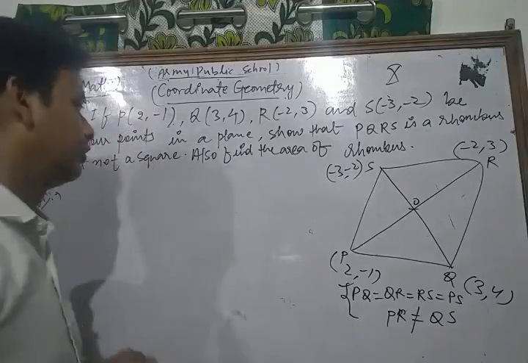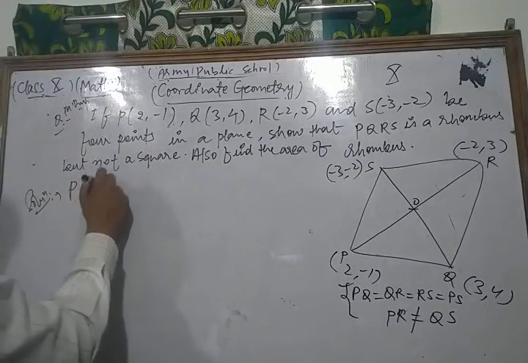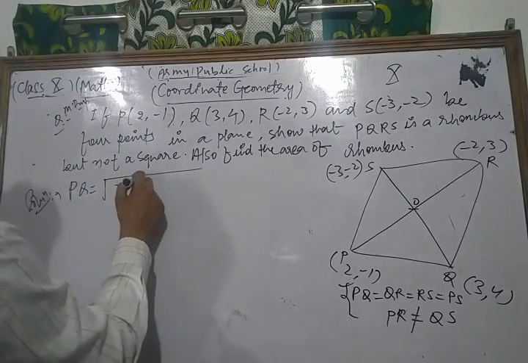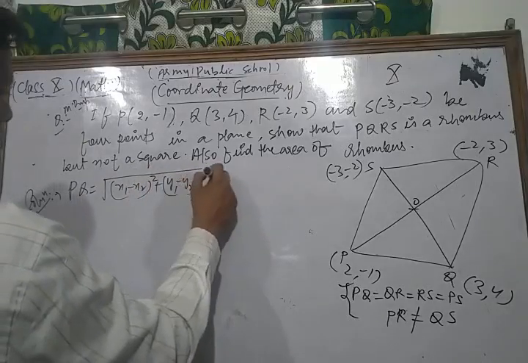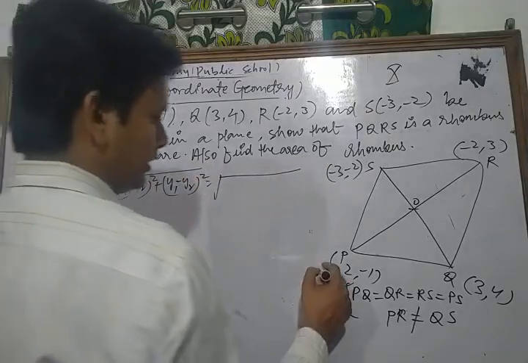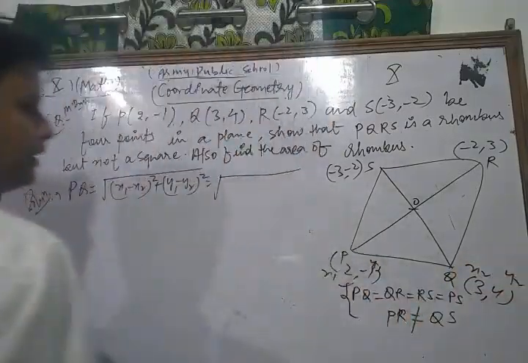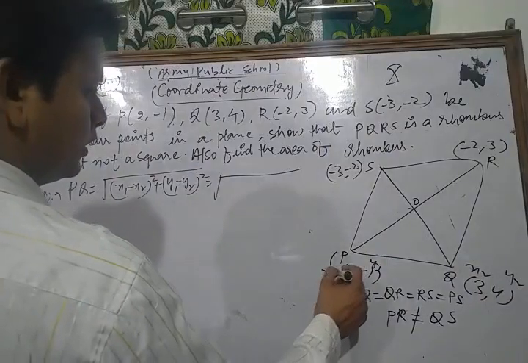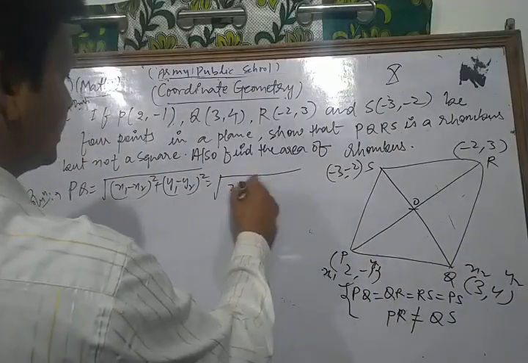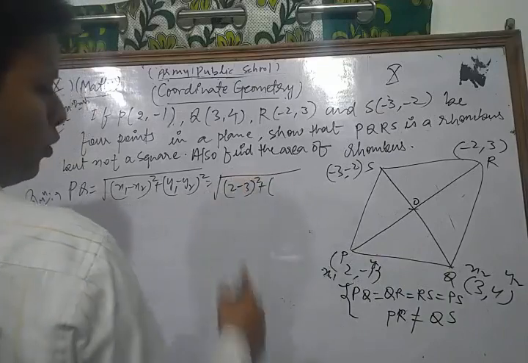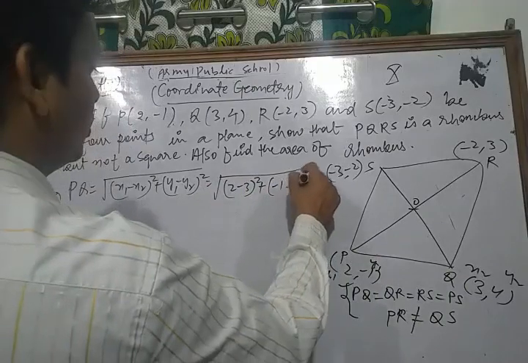Now let's see. First of all, we find distance PQ. For distance PQ, we apply the same formula: under root x1 minus x2 whole square plus y1 minus y2 whole square. This is x1 y1. This is x2 y2. So x1 minus x2 is 2 minus 3 whole square plus y1 minus y2 is -1 minus 4 whole square.